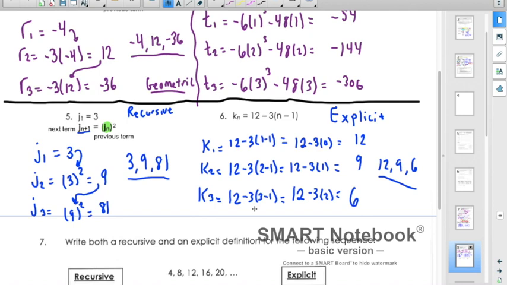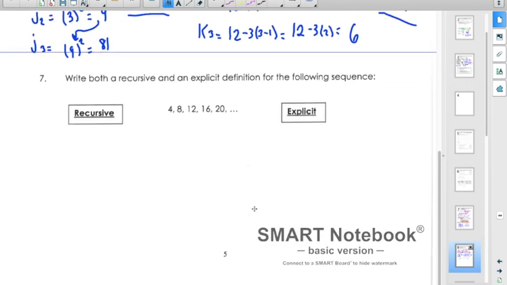All right. Let's move on to number 7. Write both a recursive, let's do recursive in, I don't know, let's do it in red, both a recursive and an explicit definition for the following sequence. All right. So we know that for explicit, just like we did before, it's going to follow dino.